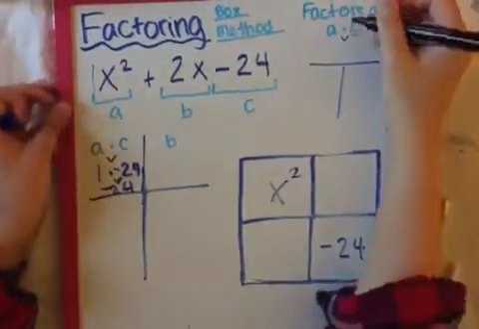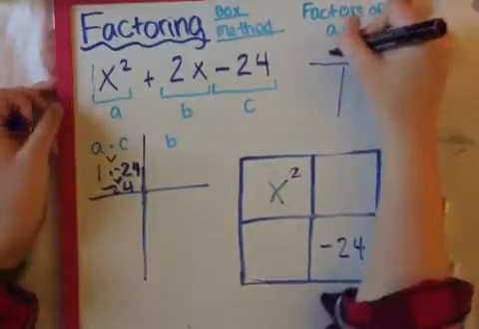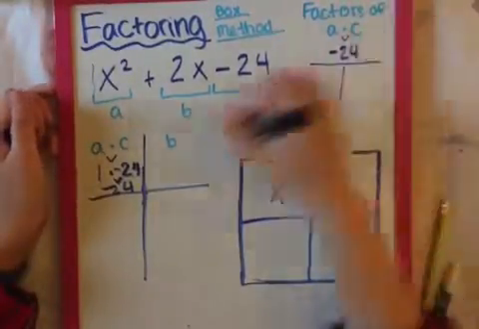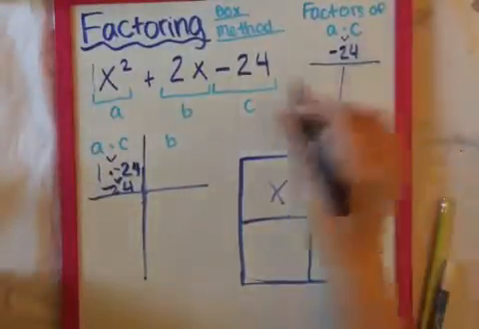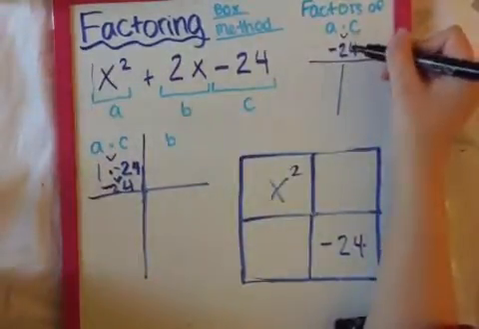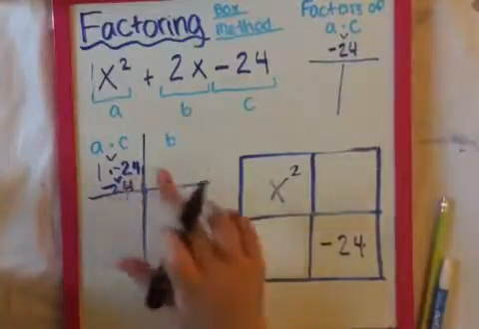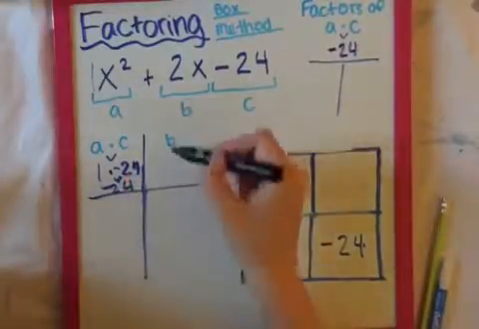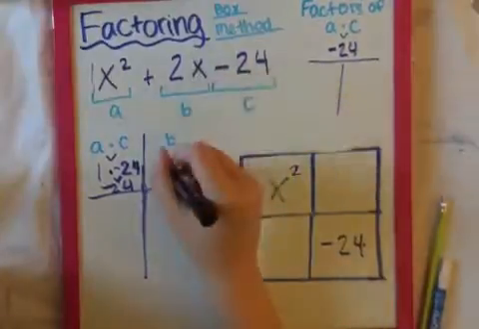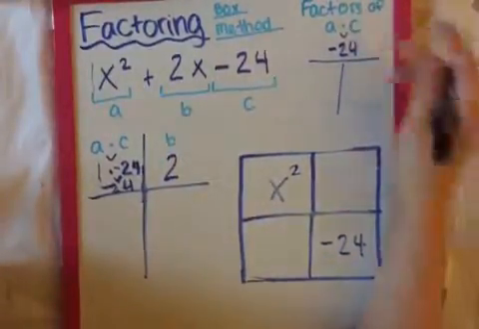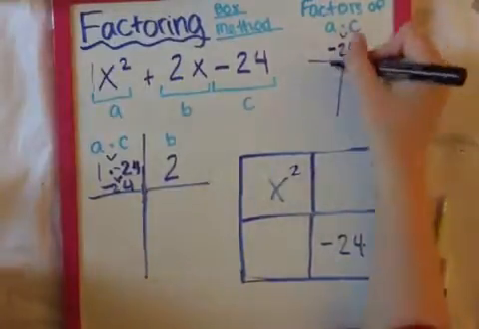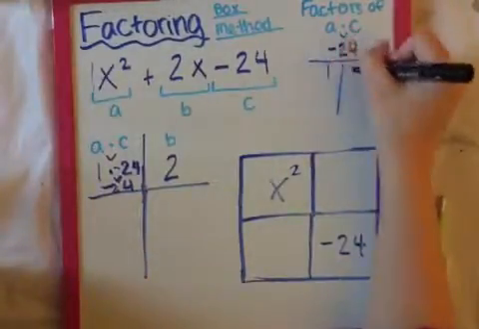And so what we're going to try to do is we are going to find factors of 24. So we're going to go up here where I said A times C, that's negative 24, like we had down there. And what we're going to do is we're going to find factors that will multiply to equal A times C, but if you add them together, it will give you B. So B, we have 2 here. So that's what we're trying to find. So let's just go ahead and list the factors of negative 24.